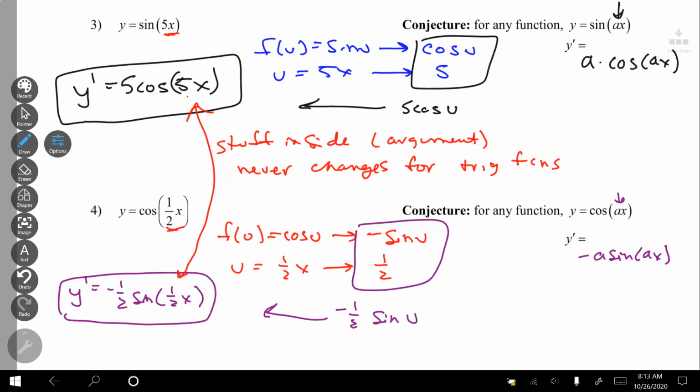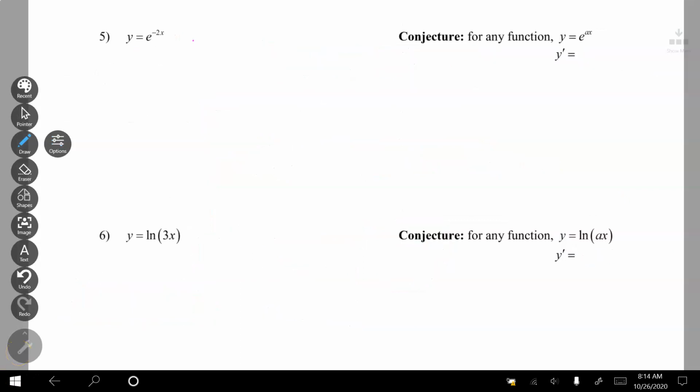Sine of 5x, I had a cosine of 5x later. Cosine of 1/2 x, I had a sine of 1/2 x later. That's what's going on here. These arguments will not change ever for a trig function. The derivative of a sine of something is going to be something else going on, but a cosine of that same something.